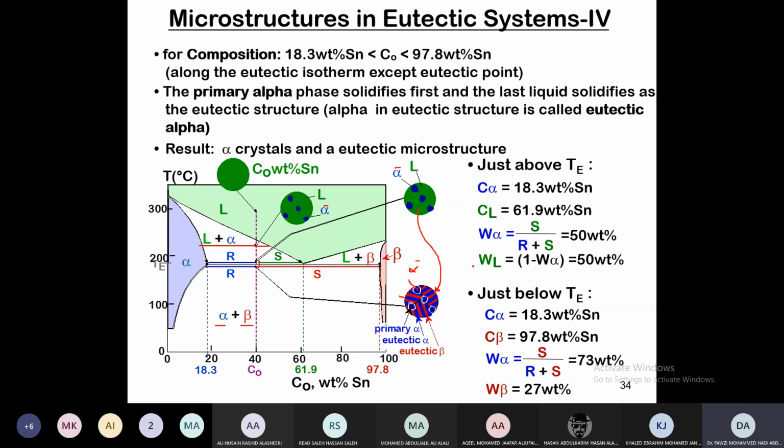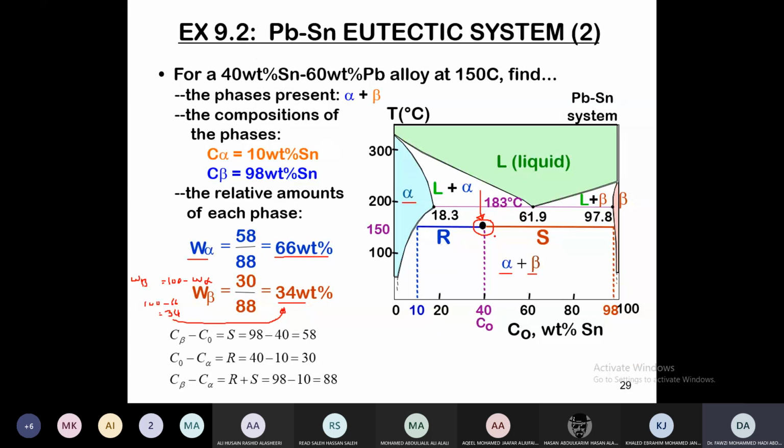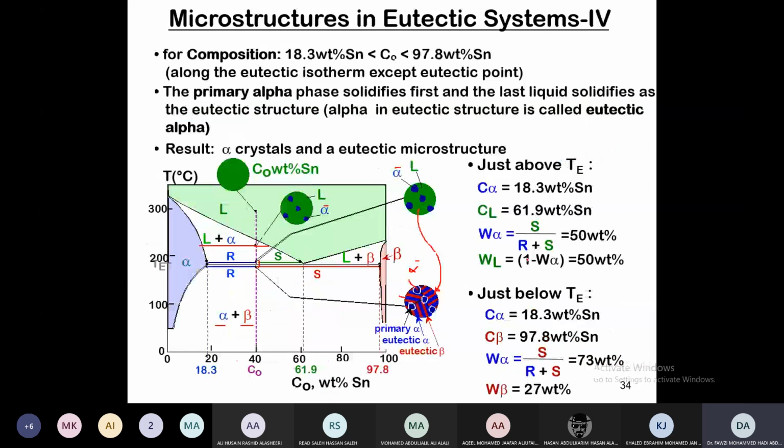If no questions, this is what I want now. Next time, I intended to do this here today. You remember at the beginning we did some exercise there. We will learn that, well, this is not exactly how it is done. There is something else we need to do, because when we reduce the temperature to below the eutectic isotherm, it's not only two phases that we are looking at, alpha and beta, but we also have the alpha prime here.